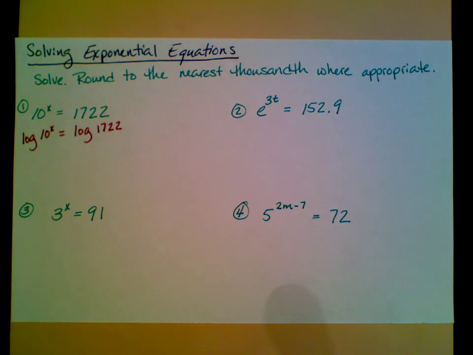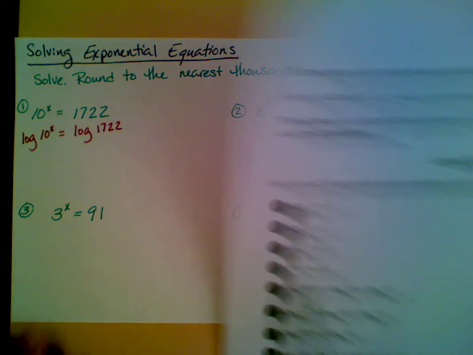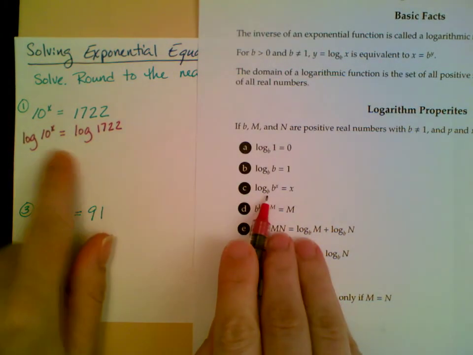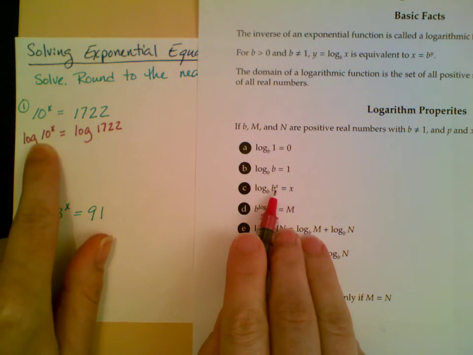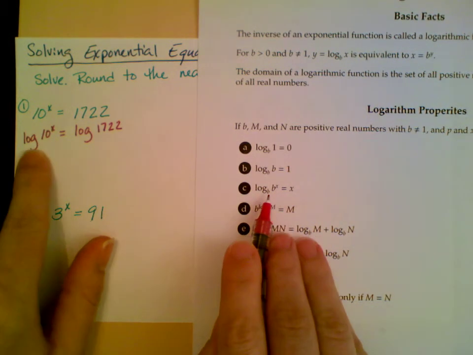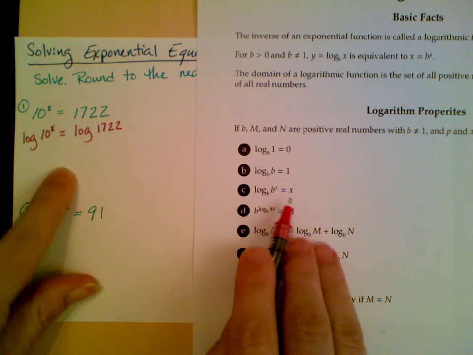Now based on my logarithm properties sheet, which I have here somewhere, if the base of the logarithm and the base of the exponential part match, then log base b of b to the x is just x.